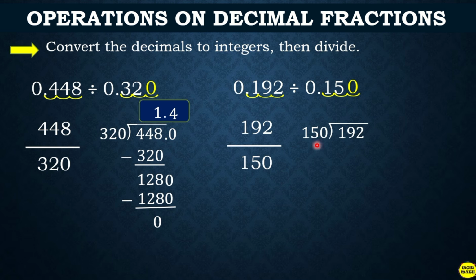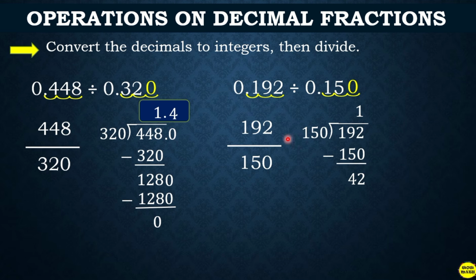So, ilang 150 meron sa 192? We have 1. And then 1 times 150, that is 150. We will subtract. So, 150, pag sinubtract natin sa 192, we will have a remainder of 42. Okay? And then 42. Hindi natin pwedeng i-divide si 42 by 150.